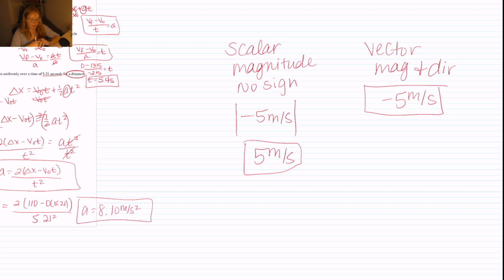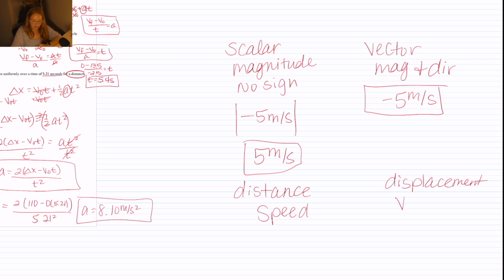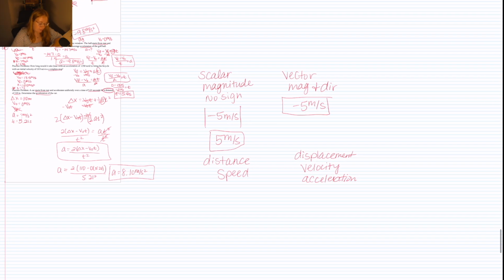So those are different words for the scalar and vector. You need to make sure you know scalar is distance and speed. And then the vector words are displacement and velocity. And then you also have acceleration. Acceleration is a vector, but there is no scalar version of acceleration. It's just acceleration.